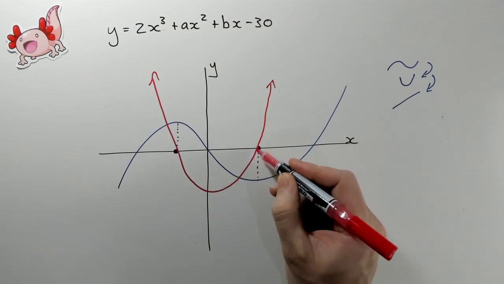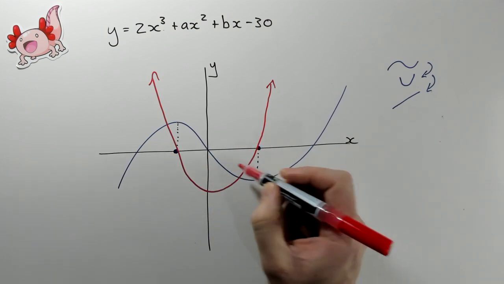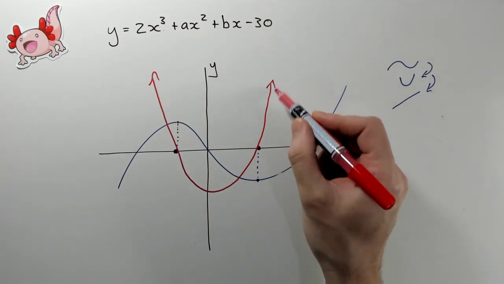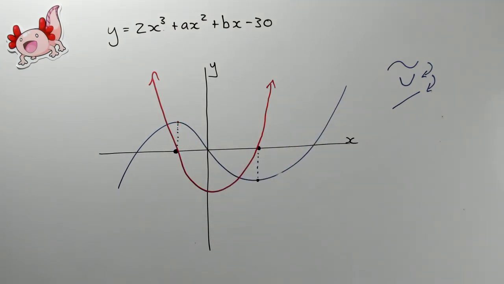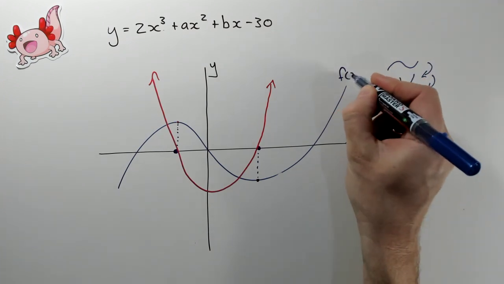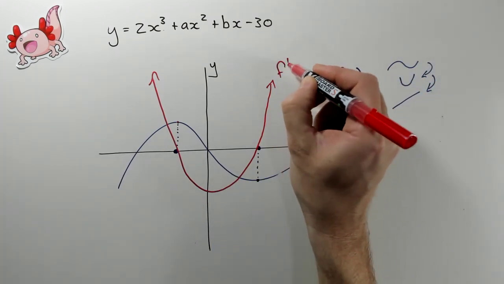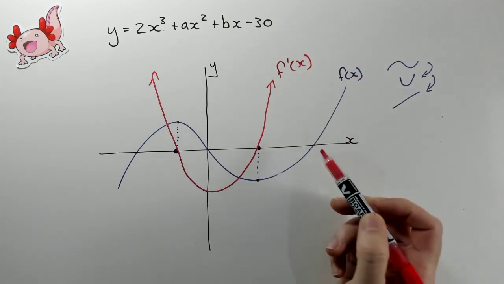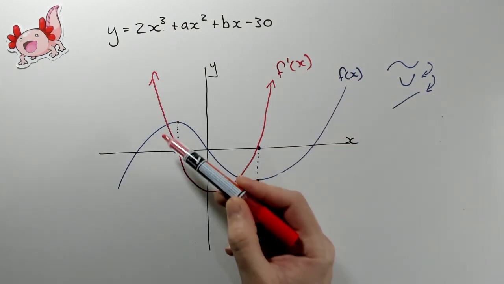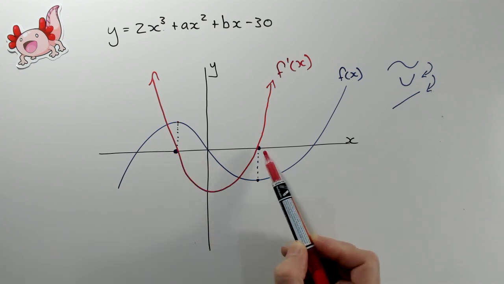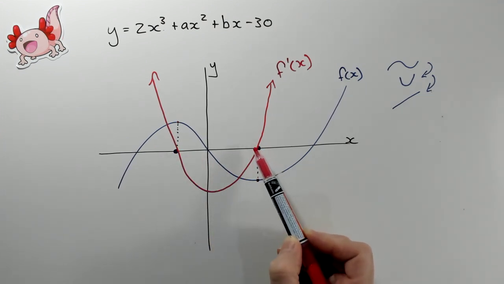It'll be exactly aligned with the stationary point there and the stationary point there. Let me just write this: if this was my normal function, f(x), then this would be my derived function, and the derived function intersects the x-axis at exactly these two places.